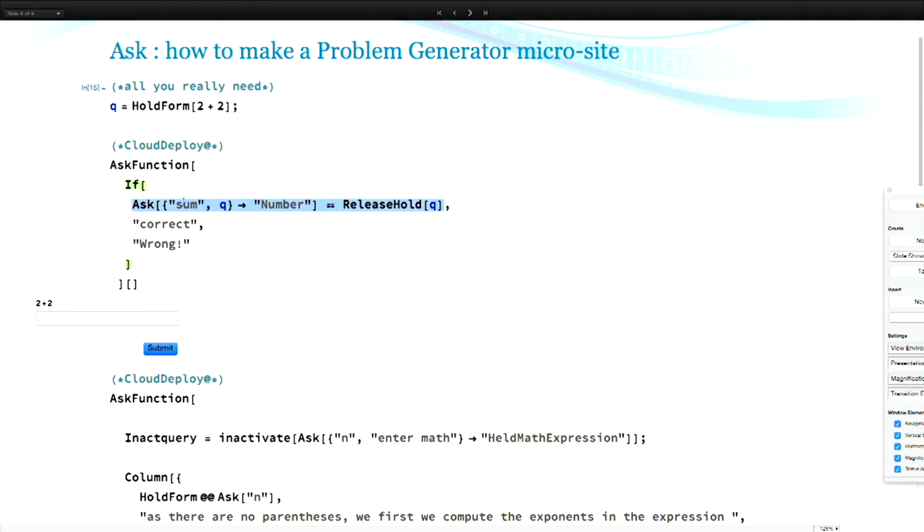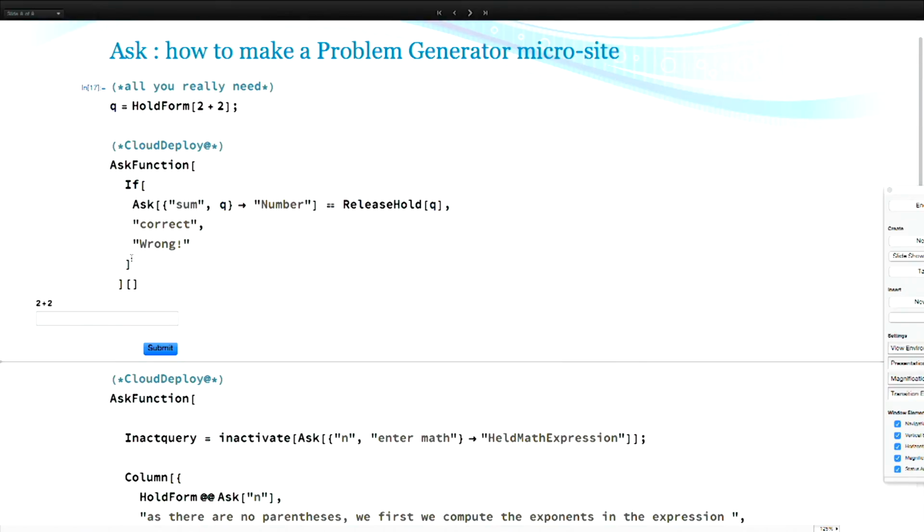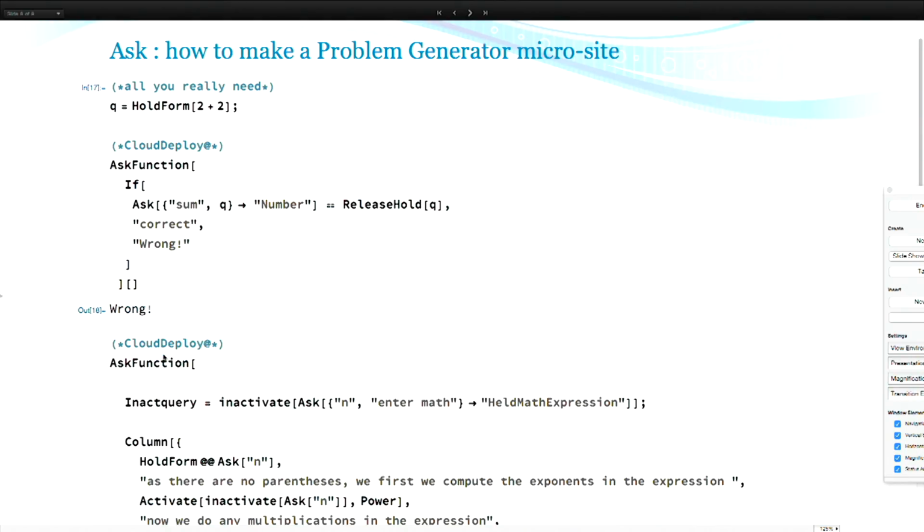This just displays the question, Q, and it tests if the answer, the input, that's what Ask does, is equal to the ReleaseHold of Q. And if it is, it says correct. This is the If now evaluating. And if it's not, it gives you a very Trumpian wrong.